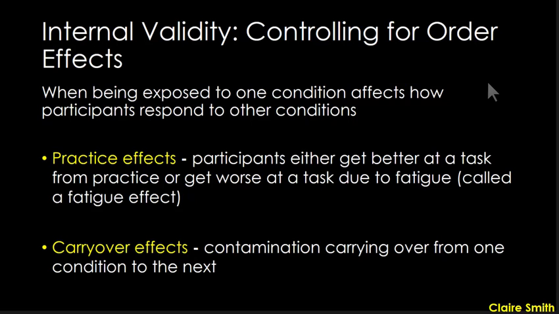The first type of order effect is called a practice effect. So participants either get better at a task from practice or get worse at a task due to fatigue. So fatigue is actually called fatigue effect. Right, so if you have someone do some sort of task multiple times and you're trying to see how the color of the room or something is affecting how well participants do on a maze, you give them the same maze 5 times and just place them in different rooms, by the end of the experiment, they're going to be so good at that maze regardless of what color the room that they're in, right?